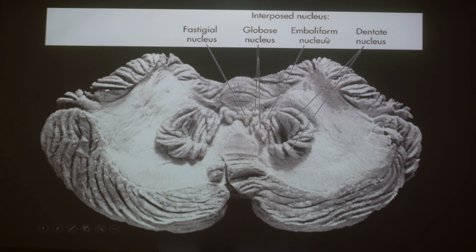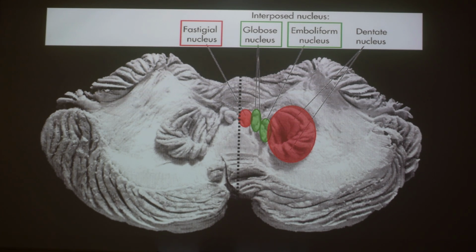One is called the emboliform nucleus, the other is called the globose nucleus, and both of them together are called interposed nuclei because they are close to each other. And the most medial group of nuclei is called the fastigial nucleus. So from the medial, this is the fastigial nucleus, then you have the globose and emboliform nuclei which are the interposed nuclei, and then laterally the dentate nucleus.